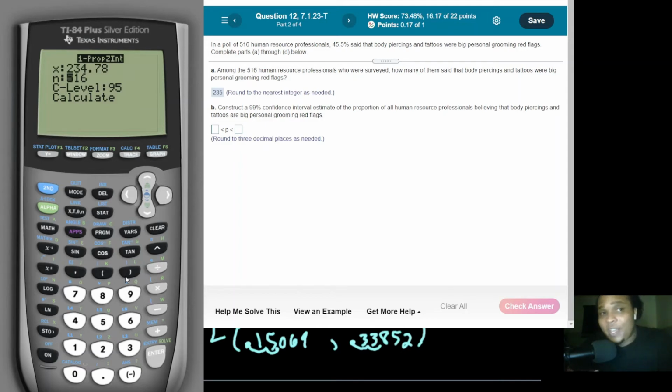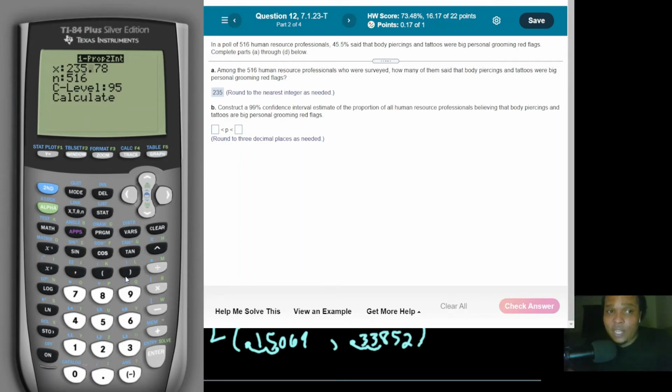Now, we can't have a decimal. The number of people is discrete. You remember that from way back in the beginning? We can't have a decimal of a person, so you always round up no matter what. I don't care if it's 234.00001, that's going to be 235.